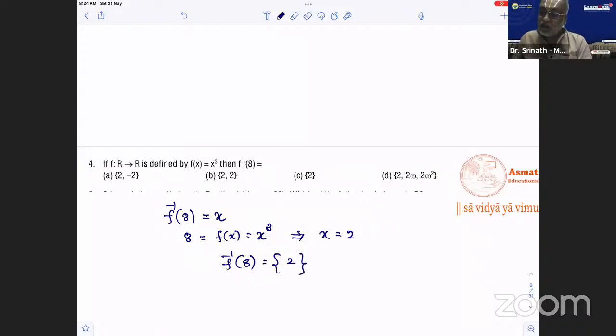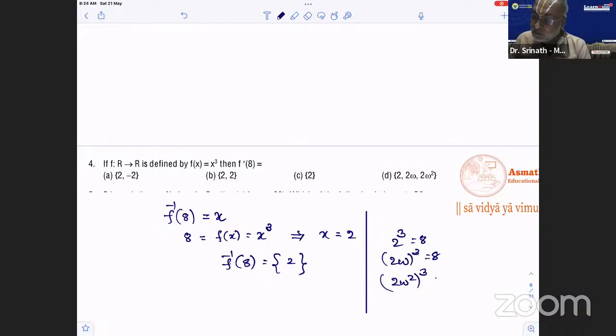But you must be wondering why option D is also given. If you observe, 2 cube is also 8, 2 omega whole cube is also 8, and 2 omega square whole cube is also 8. Then why don't we choose answer B?